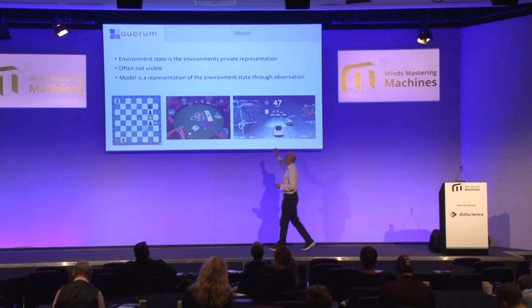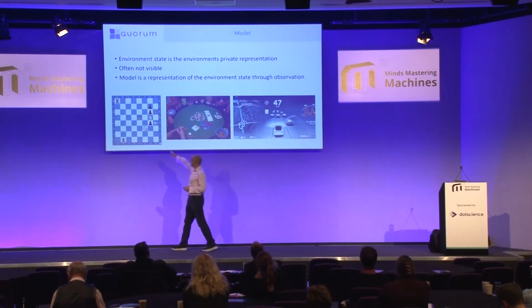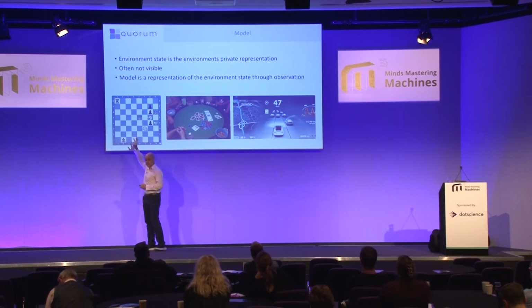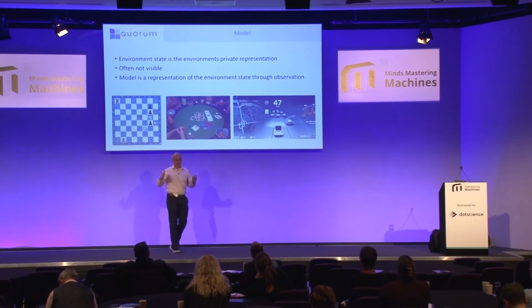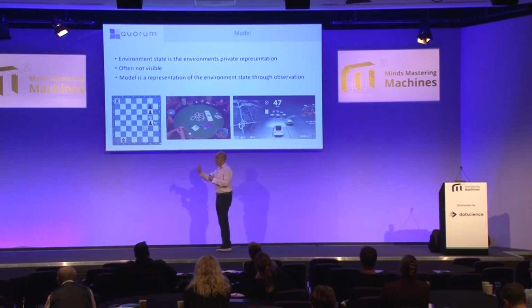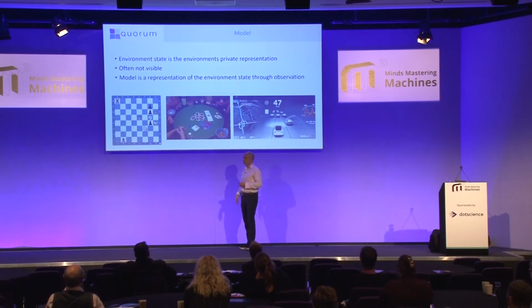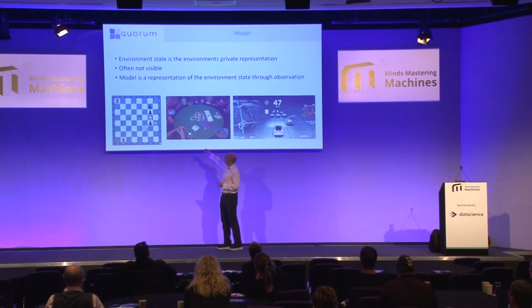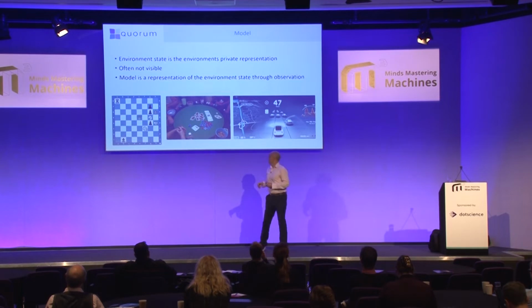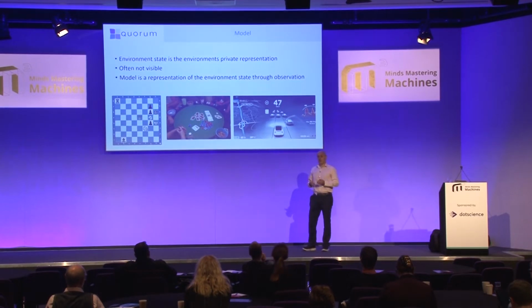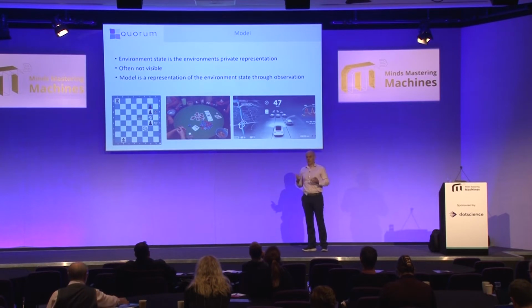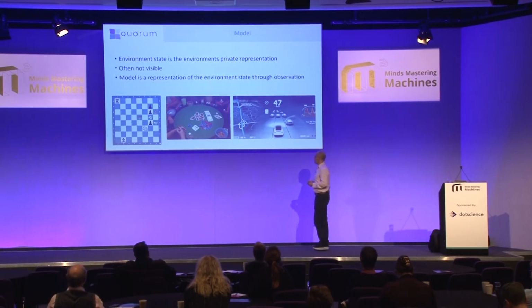So the environment can be a visible environment. So chess is a perfect information game. Both players can see the entire board, the entire game set, what the opponent is doing, or certainly the position the opponent is in. Poker is a partial information game where actually you can see your own hand, but you can't see the hands of the other players. So the agent needs to build a model of what it believes are likely scenarios when it's playing this game.